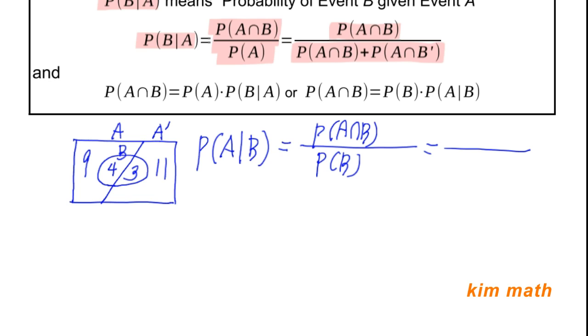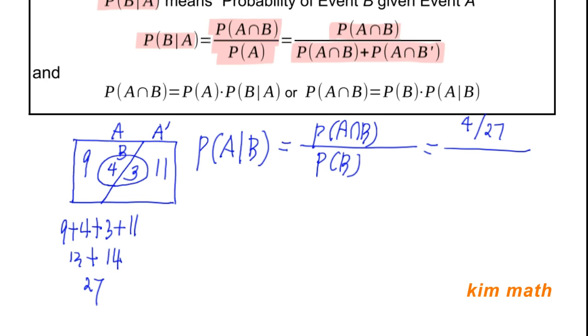First let me count the whole number. It's 9 plus 4 plus 3 plus 11. It's 13 plus 14, so 27. So the probability of A and B is 4 over 27, right?